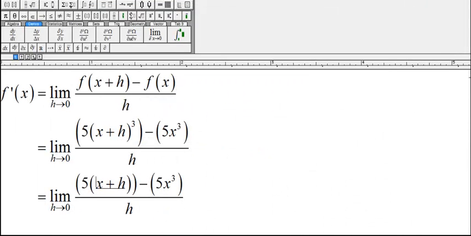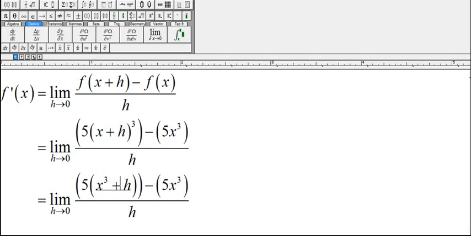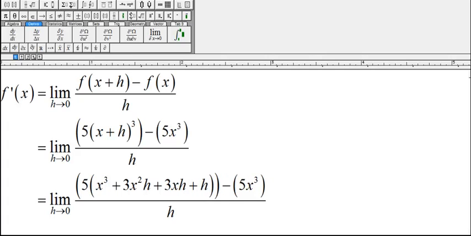So in this part, if we remember what it was, x cubed plus 3x squared h plus 3xh squared plus h cubed. So that's cubing that out.